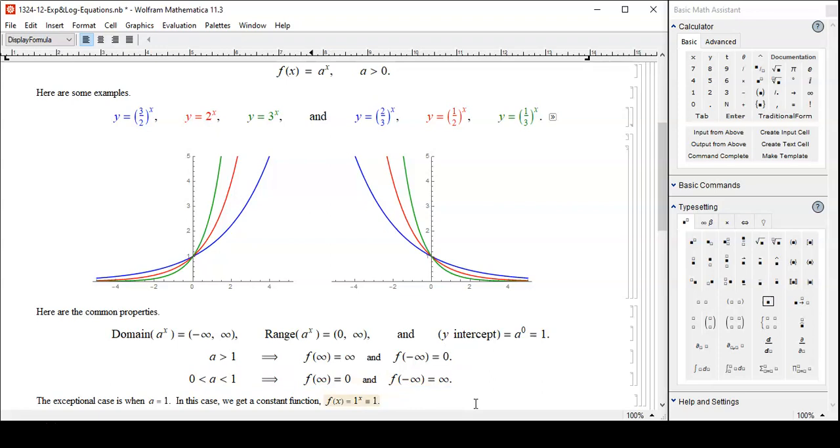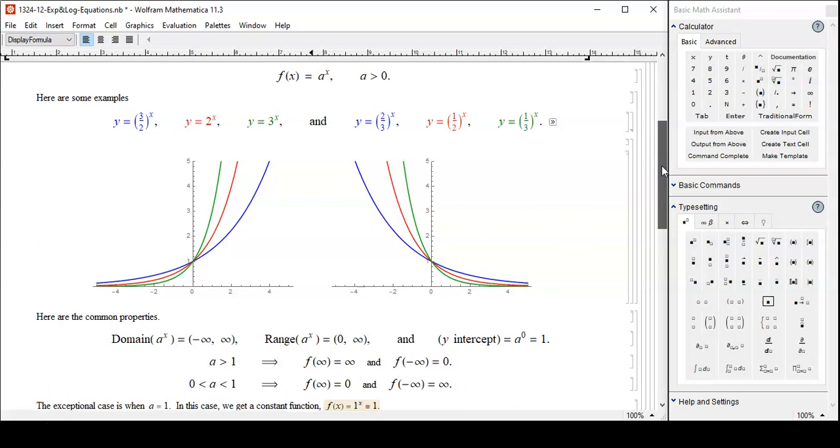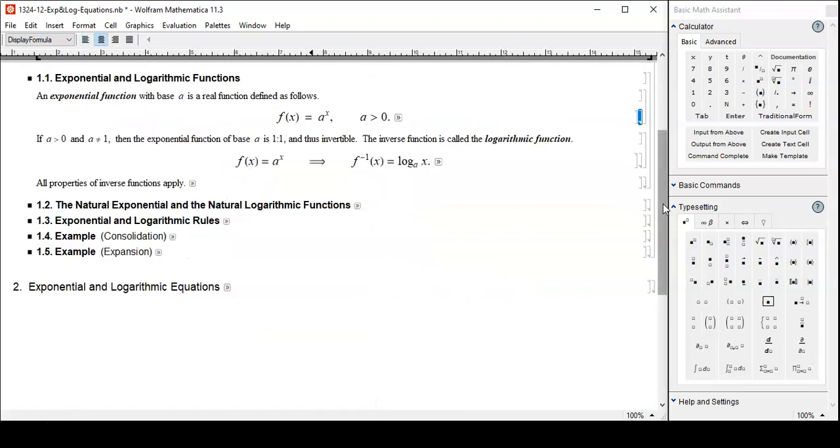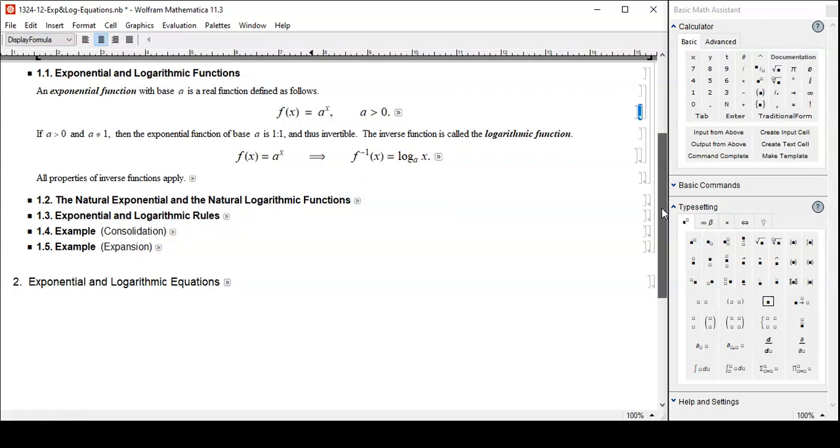Finally, in the special case when a is 1, we get 1 to the x power, which is constantly 1. So we just get a horizontal line y equals 1, which is not very interesting, nor important.